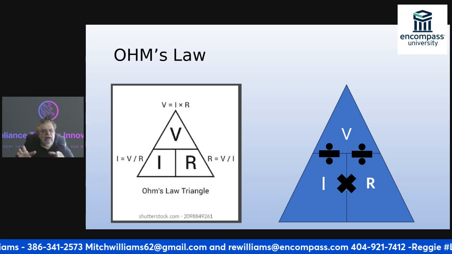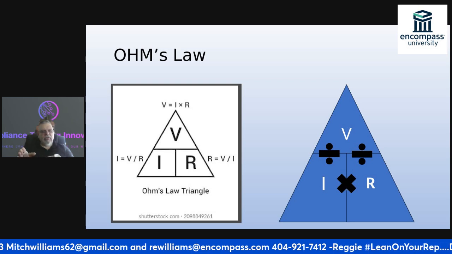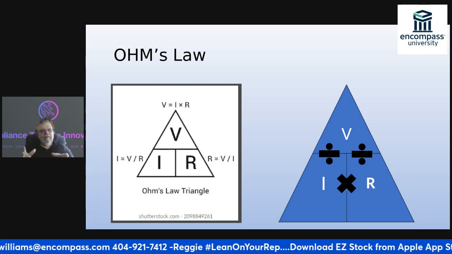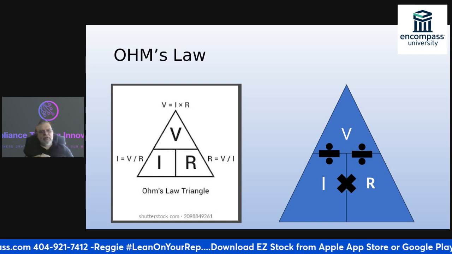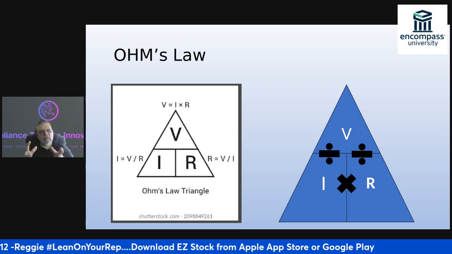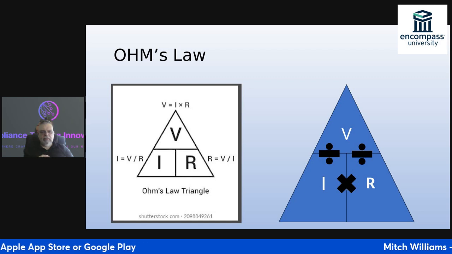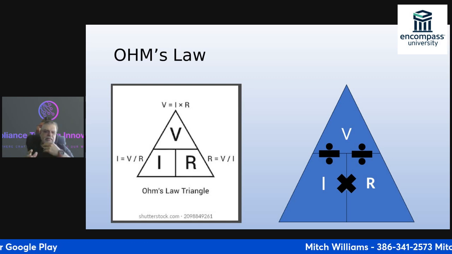I can figure out exactly what the other component should be. V equals I times R. I equals V over R. And R equals V over I. I'm sorry.